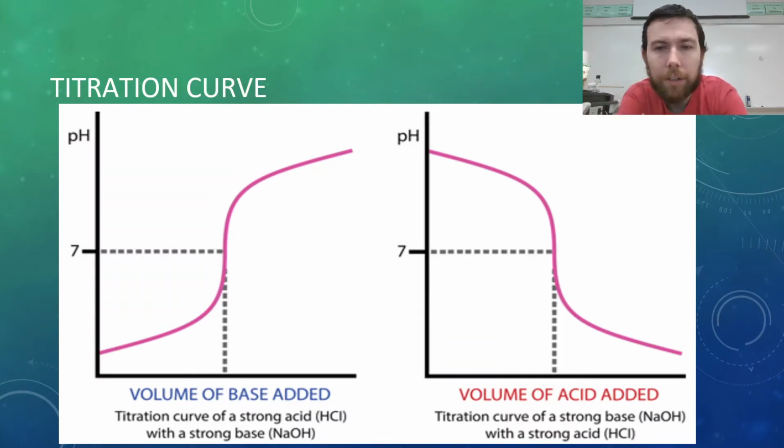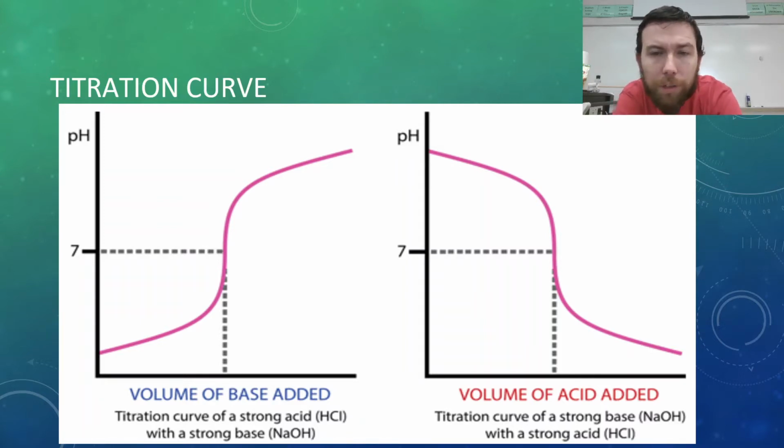Now, looking at the other side, you'd start off with only Na+ and OH- that are present. As you're adding acid, you would see that there'd be no H+ and Cl-, but the amount of Na+ and OH- is going to decrease as the titration happens.